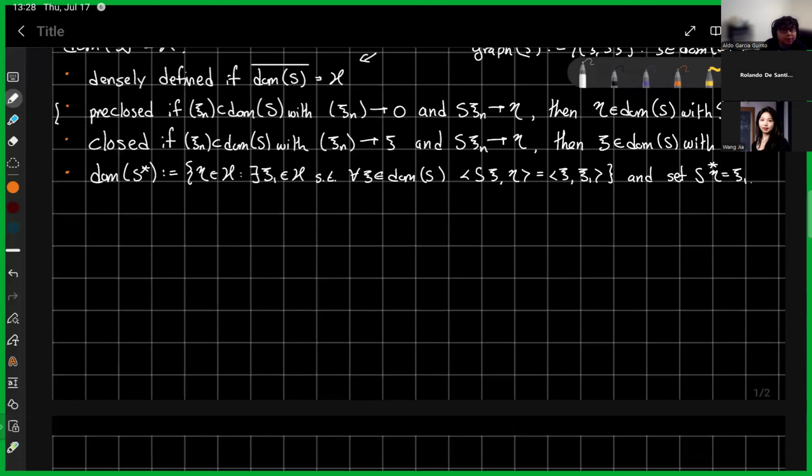Okay, so there's a theorem here that I'm going to mention, which says that S is pre-closed if and only if S star is densely defined.